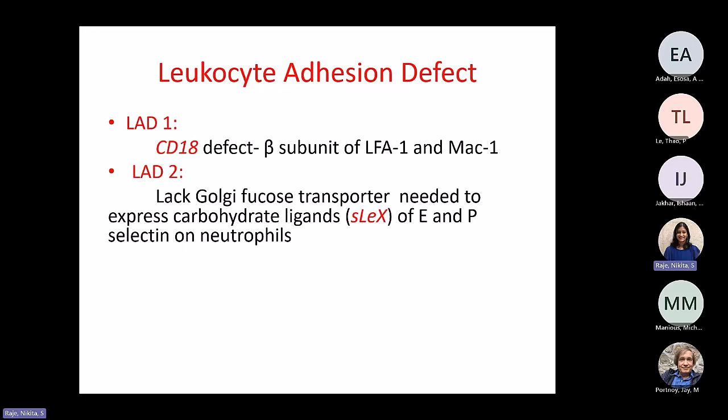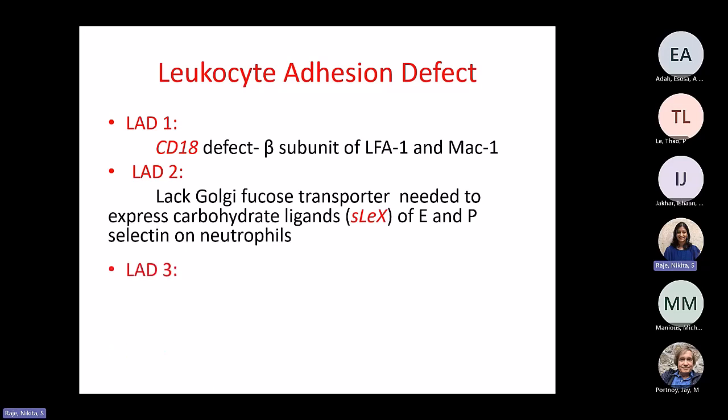So fucosylation is affected because it's needed for the expression of selectin ligands like Sialyl Lewis X. Because of that, these patients with LAD type 2 have problems with interaction between selectins and selectin ligands. So LAD type 1 is an integrin problem. LAD type 2 is a selectin problem.